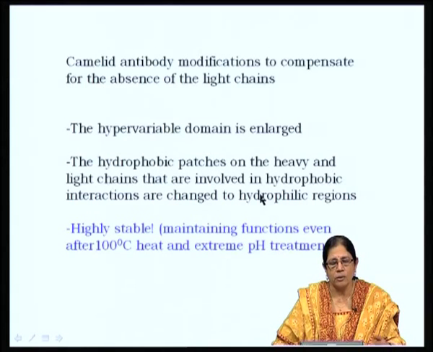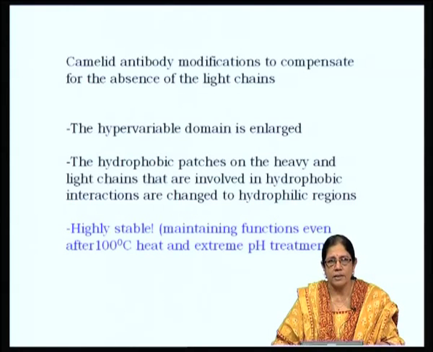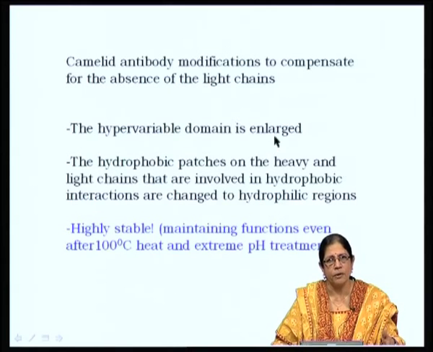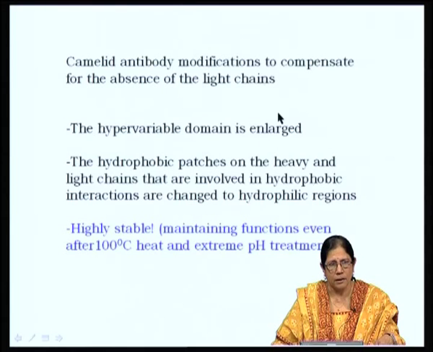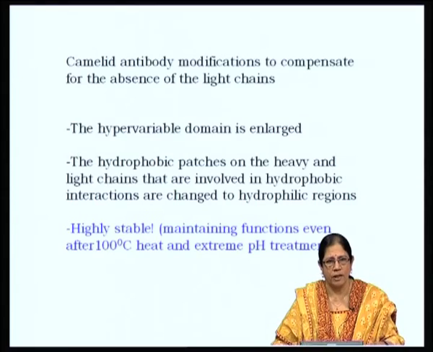Now, looking at the structure and the sequences of camelid antibodies has actually led immunologists to start thinking in terms of modifying the classical antibody at the gene level, so that one could probably get antibodies as recombinant proteins with just the heavy chains, which would be much simpler than if we were to clone and express both heavy and light chain genes into a prokaryotic system.